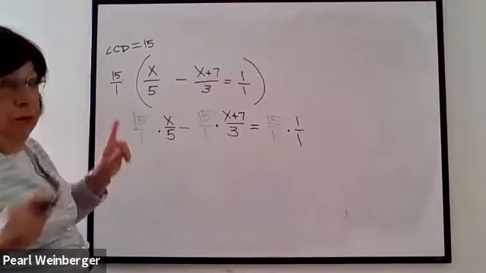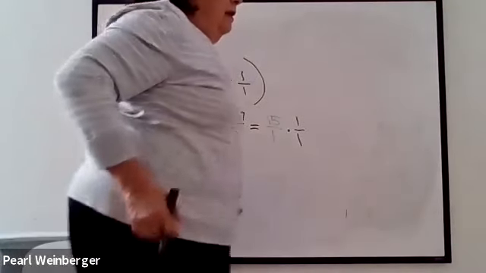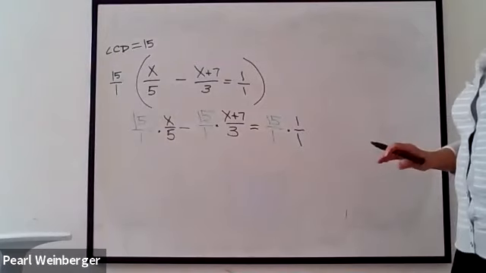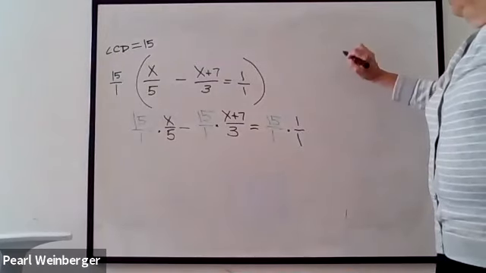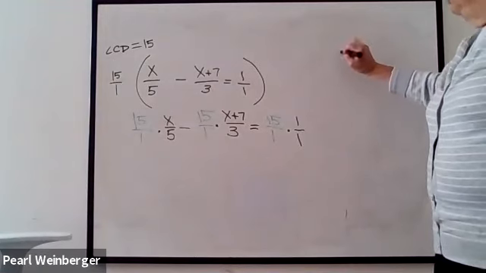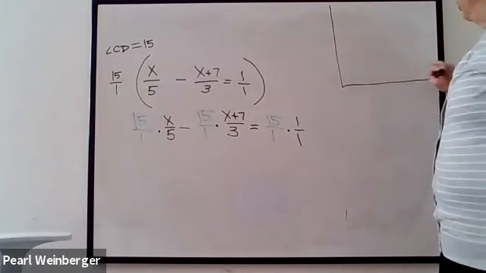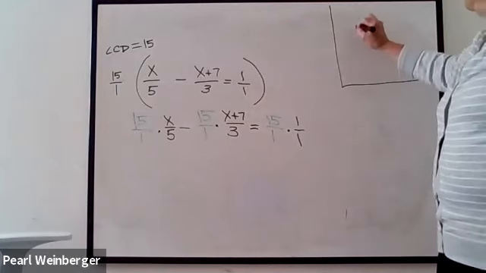Now, let me just remind you, because you could do this using your calculator, but it's probably easier not to. Basic rule in multiplying fractions. This is just an example.